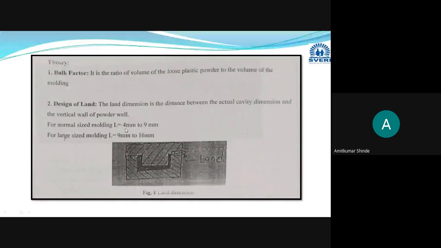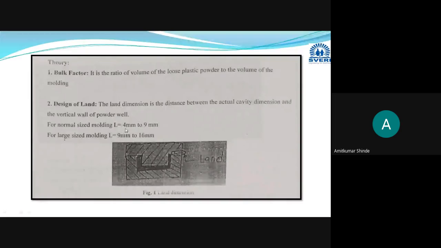Okay, so the factor in this formula should be the bulk factor. The first parameter is the bulk factor: the volume of the loose plastic powder to the volume of the molding.